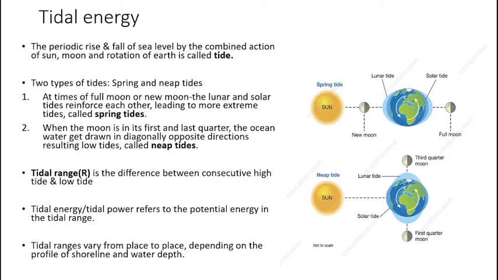This tidal energy or tidal power refers to the potential energy in the tidal range. And this tidal range varies from place to place depending on the profile of shoreline and water depth. That is, the factors affecting tidal range are location, profile of shoreline, and water depth.